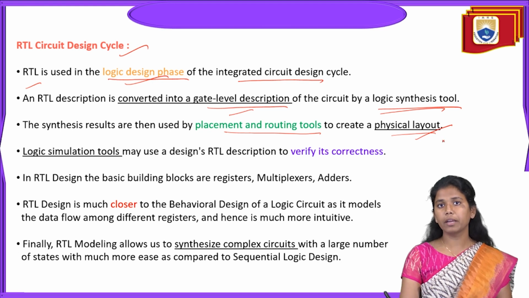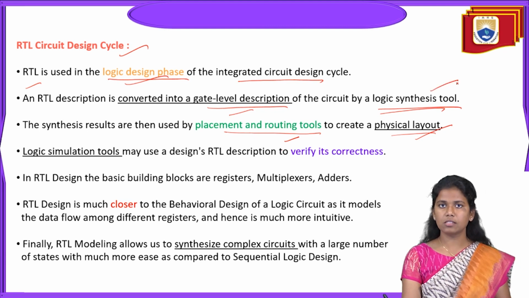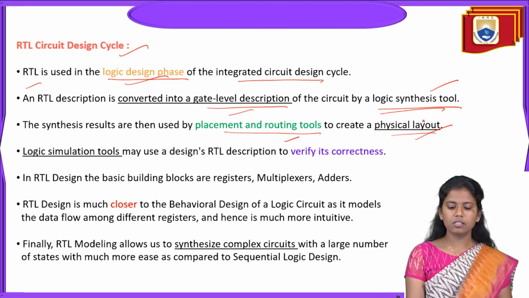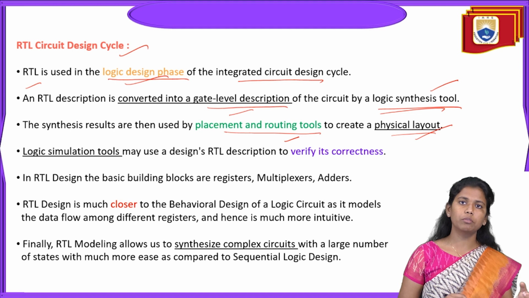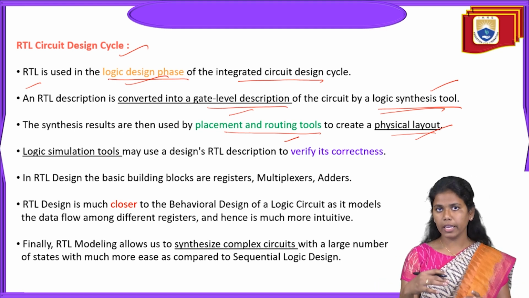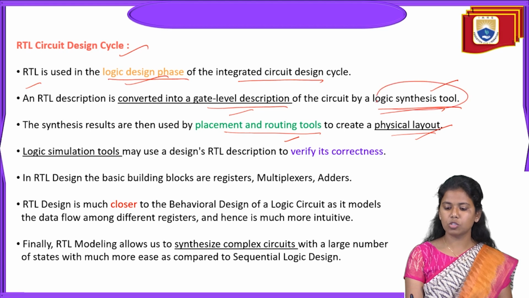The physical layout is observed with respect to the placement and routing tools, which follow from the logic synthesis tools. The logic synthesis tool is what converts the RTL into the gate level description of a circuit.